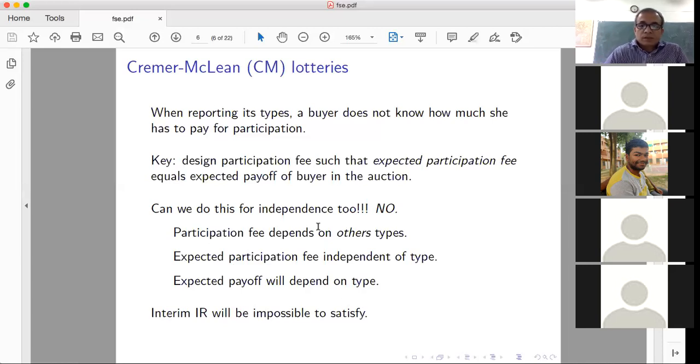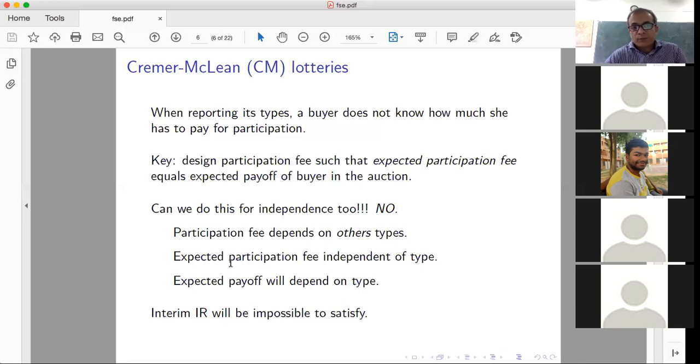With independence, why can't we have the expected participation fee independent of type? Yeah, it can be a function of t minus i, but then when we take the expectation, it's no longer a conditional expectation, so it's independent of my type. When I'm taking the expectation, the participation fee always depends on others' types. That's the first point.